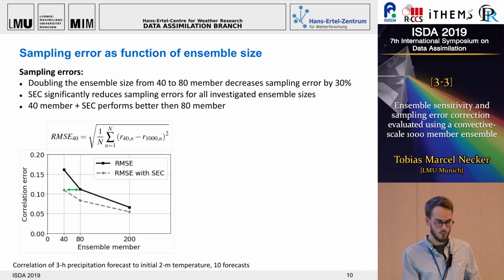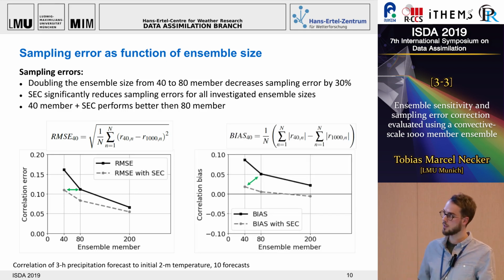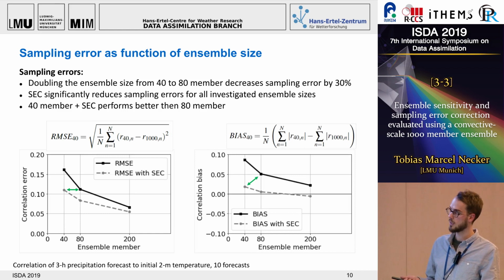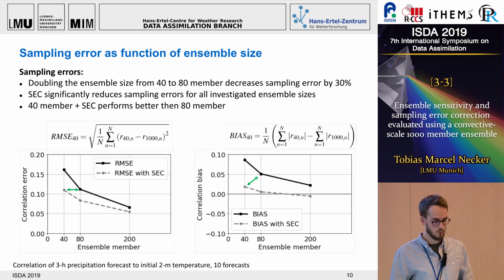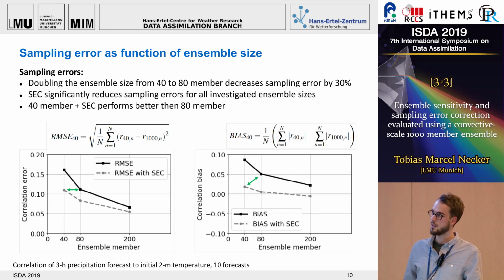If we also look at the magnitude bias, so only the magnitude of the correlation value, we can see that the improvements are even larger, which is also nice. What was very surprising for me in this case was that using the 40-member ensemble plus the sampling error correction even performed better than an 80-member ensemble. So this was really a nice result.